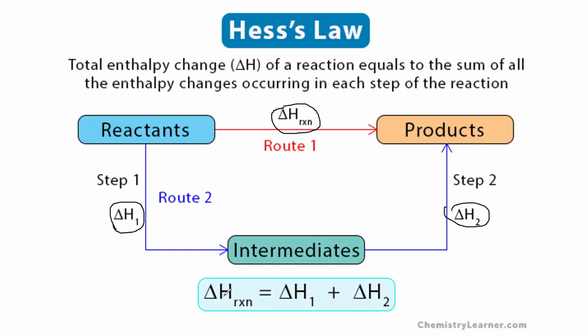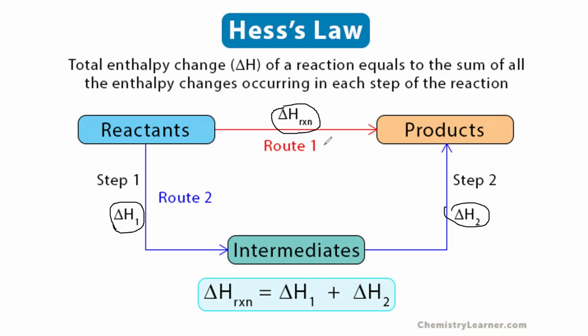Therefore, the enthalpy change of the reaction is equal to the enthalpy change at step 1 plus the enthalpy change at step 2. According to Hess's law of constant heat summation, the enthalpy is constant irrespective of the route or the way the reaction is completed. So the enthalpy always remains the same.